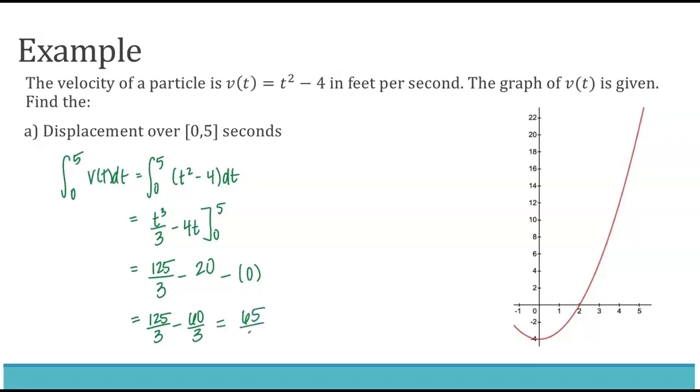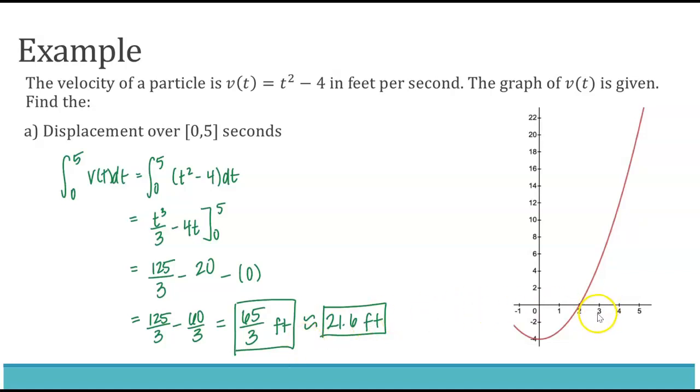So I get 65 over 3 as the displacement. And the units there are going to be in feet. So this is my exact answer. It's approximately 21.6 feet as my displacement, or again, it's still a net change of position.